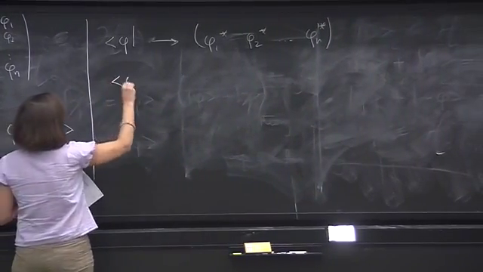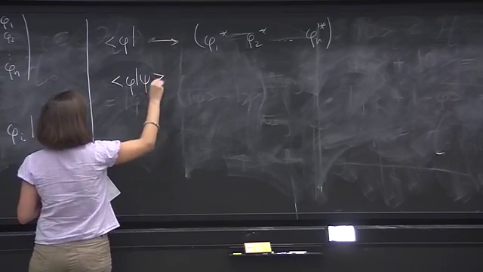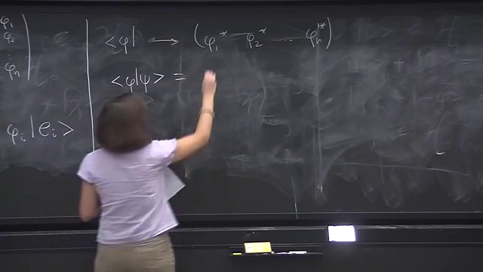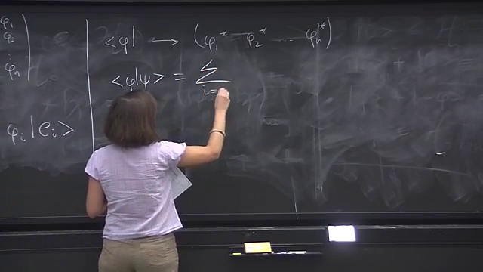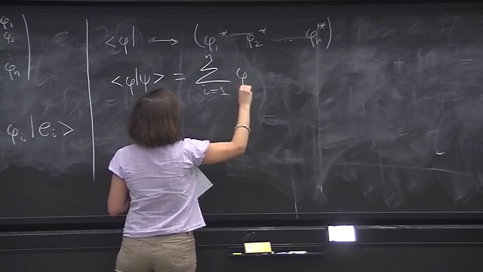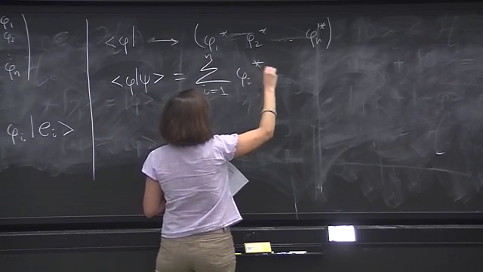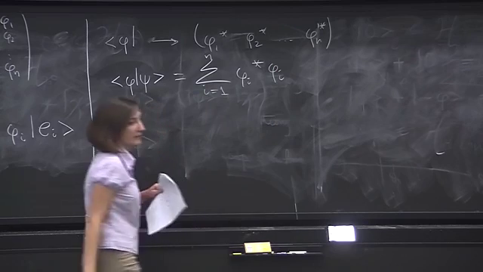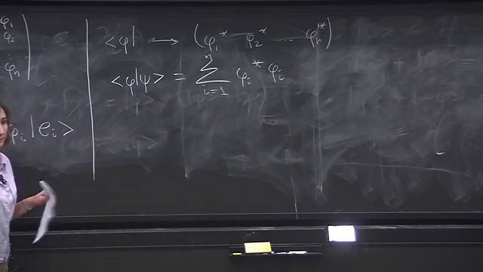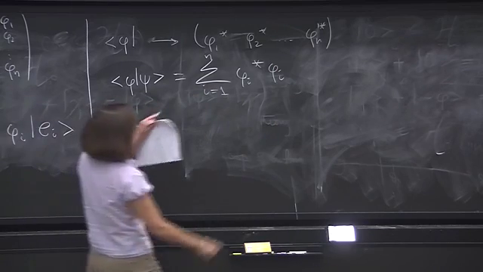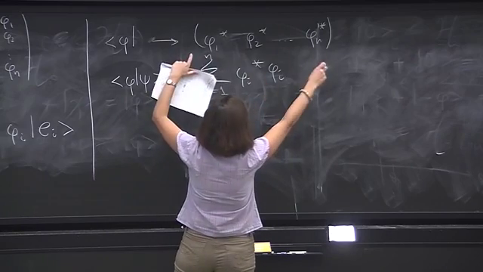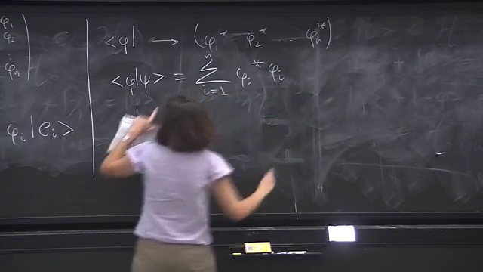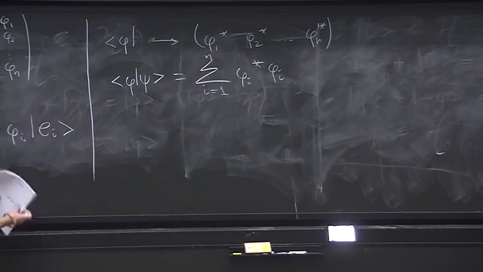And then we can write the scalar product as the sum over i of phi_i star psi_i. And we can just do the multiplication of this line vector with this column vector.